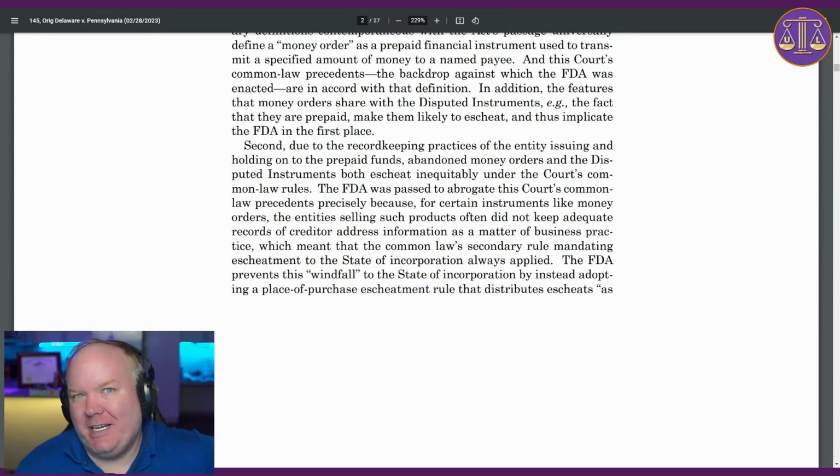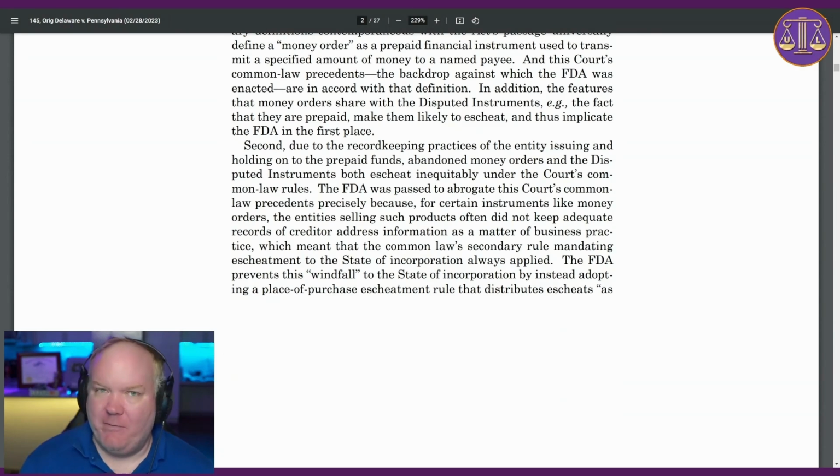Delaware currently gets all the money. That's not quite fair, is it? The federal law was passed to abrogate this court's common law precedent precisely because, for certain instruments like money orders, the entity selling products often did not keep adequate records as a matter of business practice, which meant that the law mandating escheatment to state of corporation always applied.